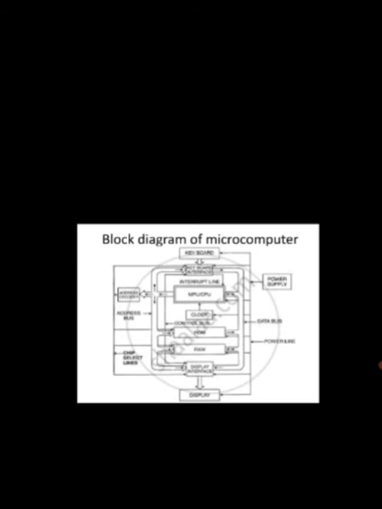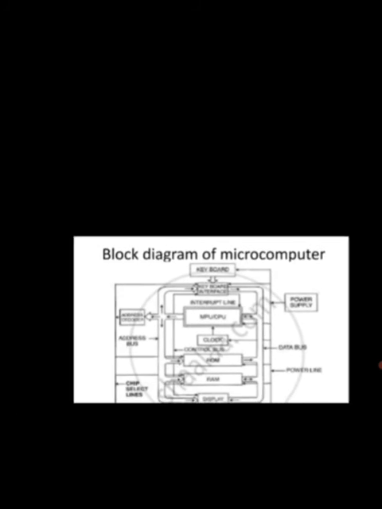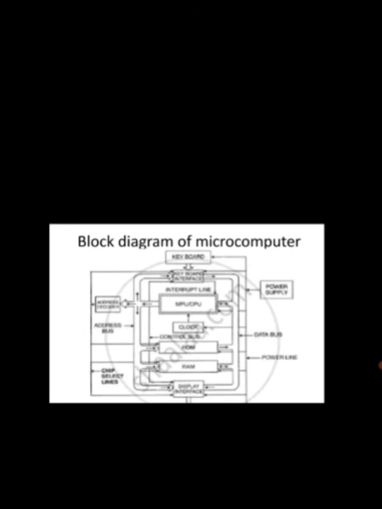MPU stands for microprocessor unit. CPU stands for central processing unit. Then the address decoder, address bus, chip select lines, clock, control bus, ROM, RAM, display interface and display. We are going to study each block one by one.